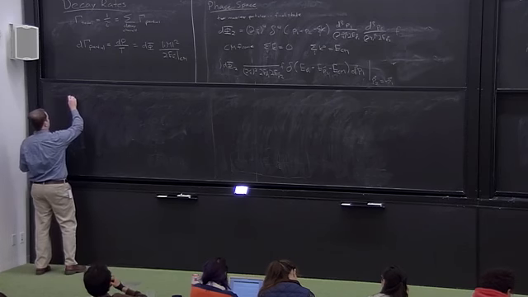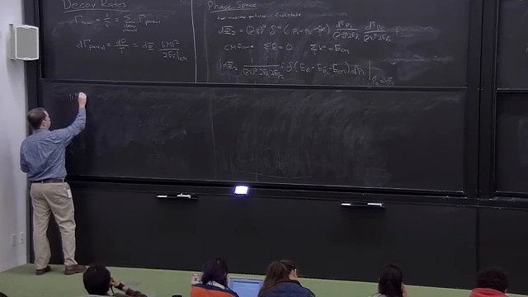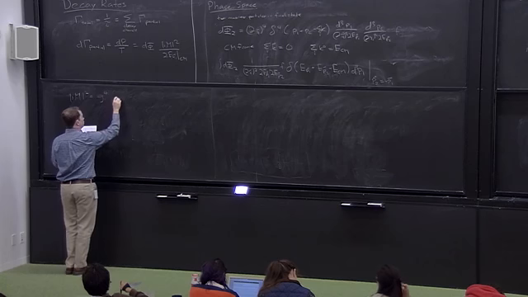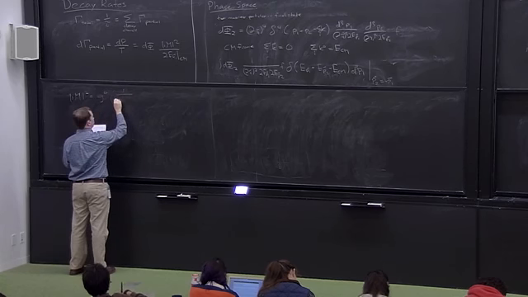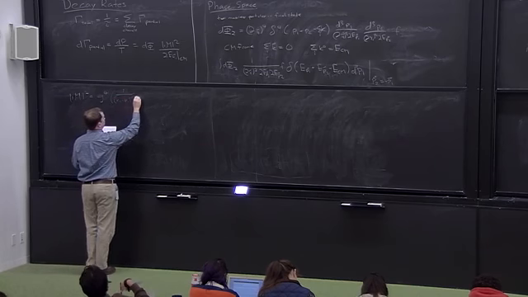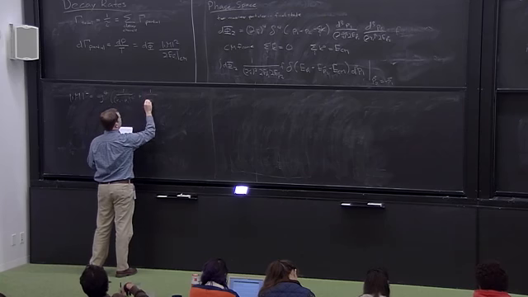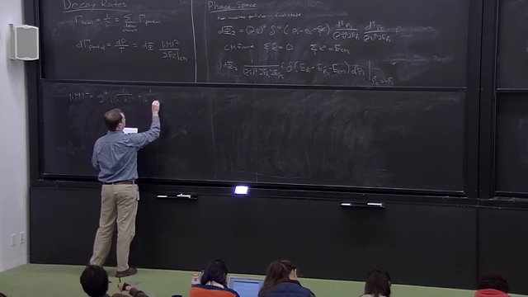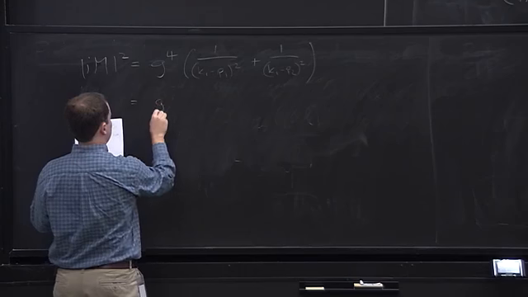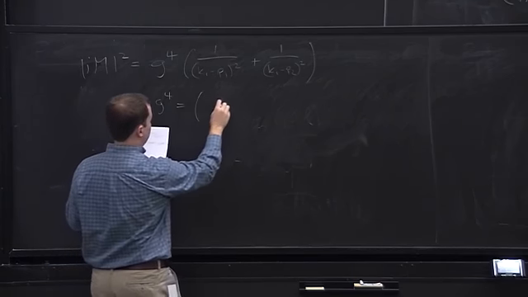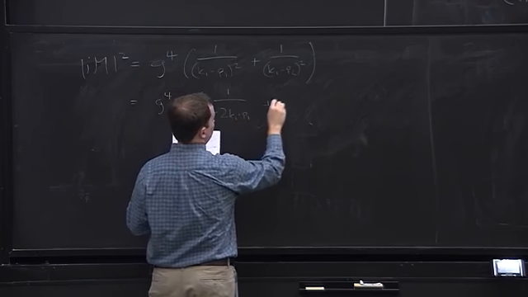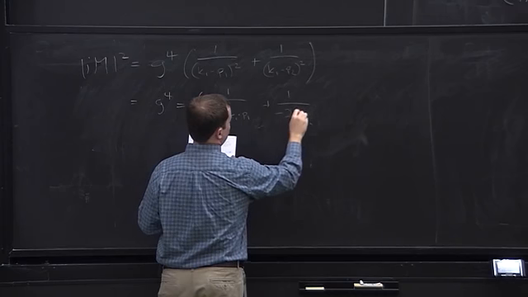We just need to compute the matrix element, and that's e⁴ times 1 over (k1 − p1)² plus 1 over (k1 − p2)². Since p² is 0, this is 1 over −2k1·p1 plus 1 over −2k1·p2.